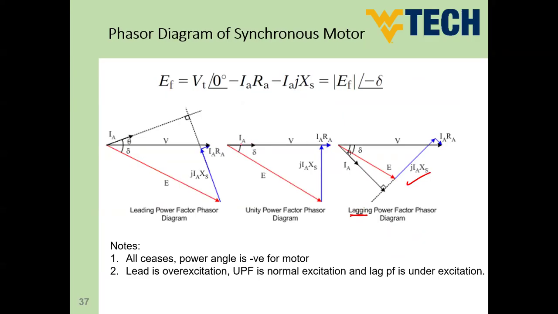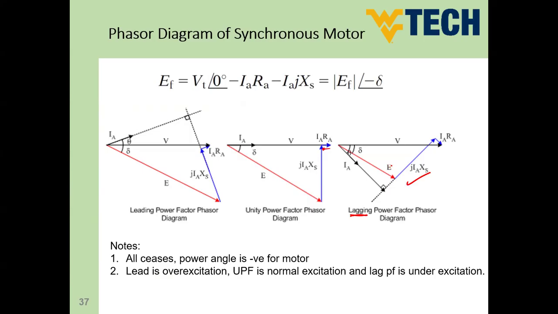So minus IARA is going to be in the opposite direction. And then minus jIAXS is going to be in this direction. So this is EF. And in case of leading power factor, you can derive it in the same way. So these are the three cases of the phasor diagram we have in the synchronous motor case.